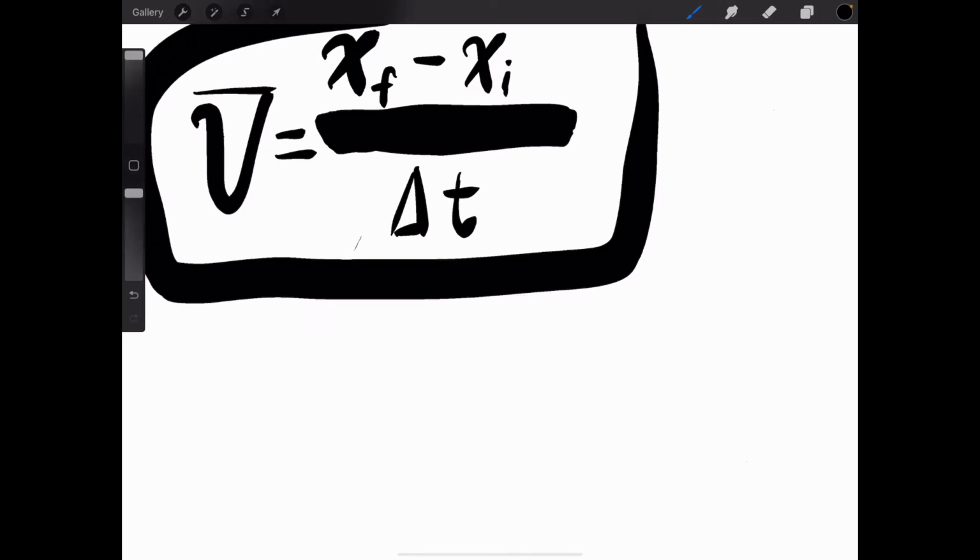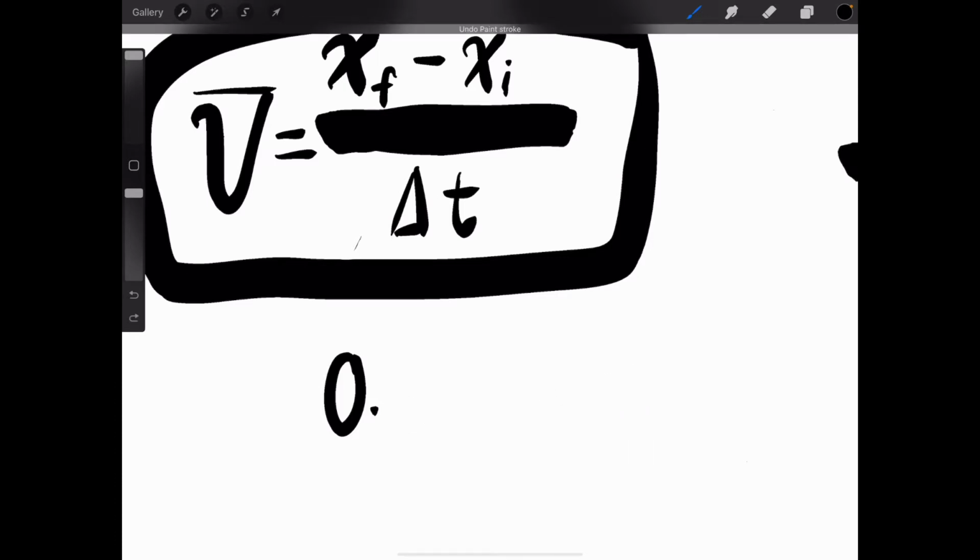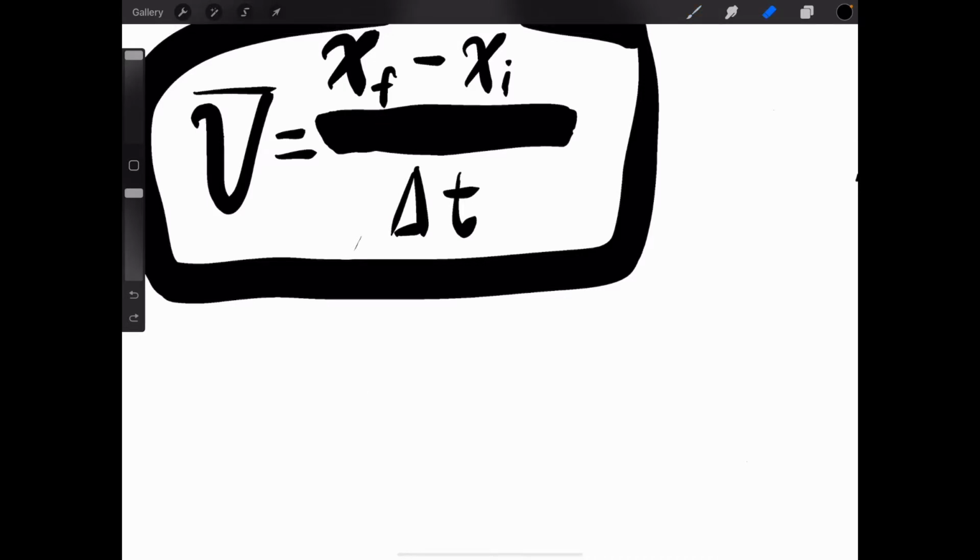What is the average velocity for Harini traveling along a marked path from the 0.85 meter mark to the 0.53 meter mark in 25.1 seconds? Let's keep a note of that. So, what do we have to do here?